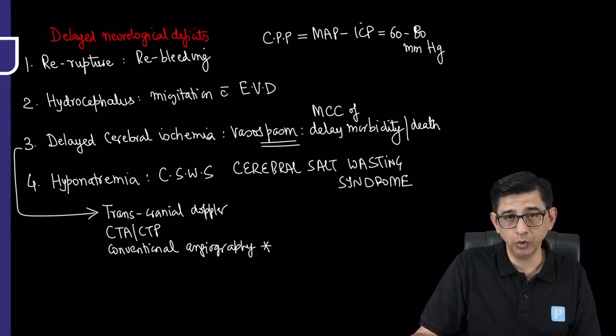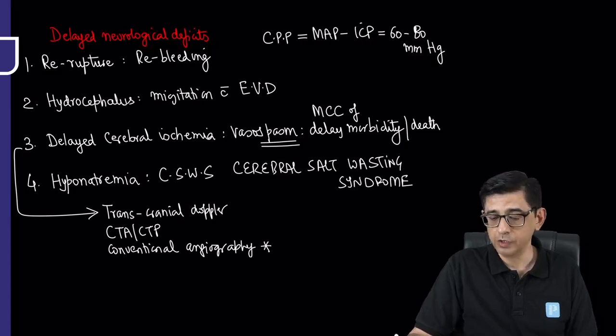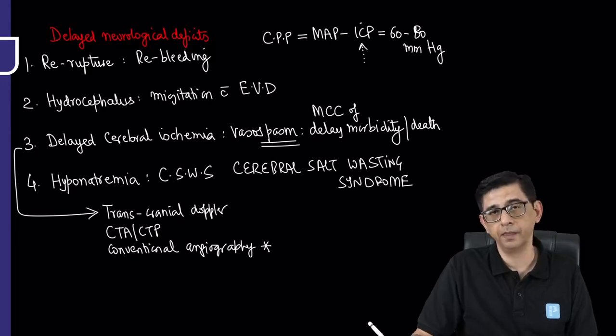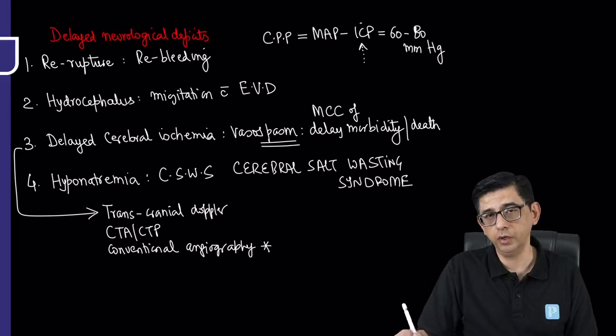If CPP is more, there would be swelling in the brain. If CPP is less than 60, it will cause ischemia, it will cause brain infarction. Suppose due to subarachnoid hemorrhage, intracranial pressure will rise. Then you can see mathematically if ICP becomes 30 instead of 20, then cerebral perfusion pressure will begin to reduce.